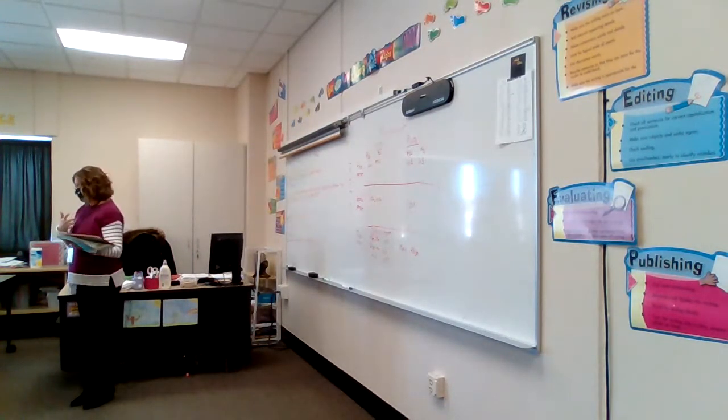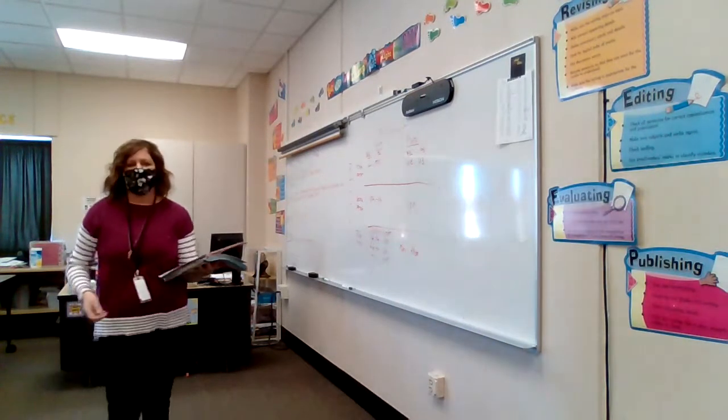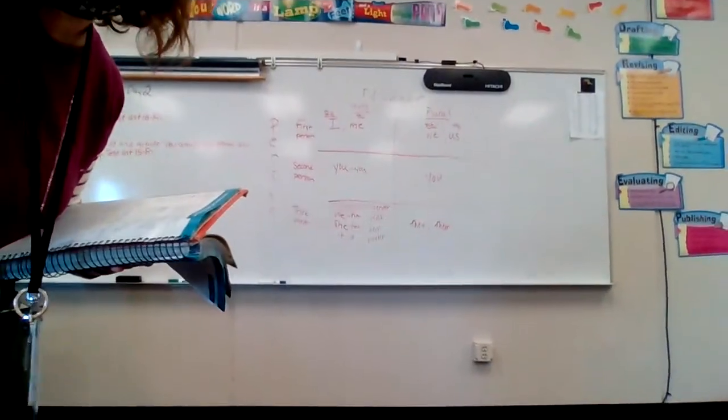You might want to copy this chart into your notes, or it's in your book right here as well. So page 32, and I'm going to bring this over so you guys can see this too. If you ever need to go back and look, you can always look at the video in class too.